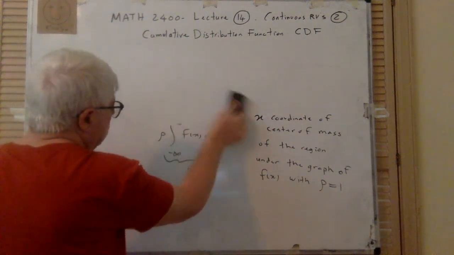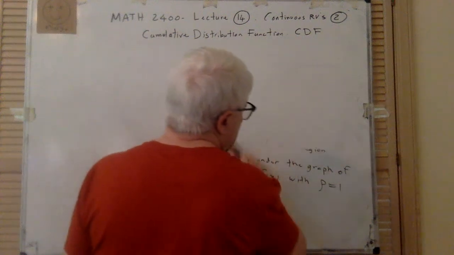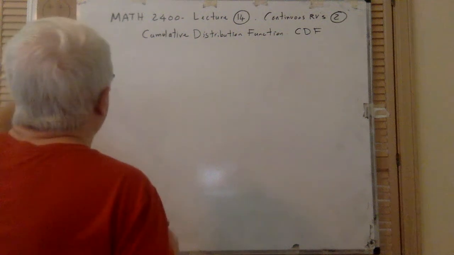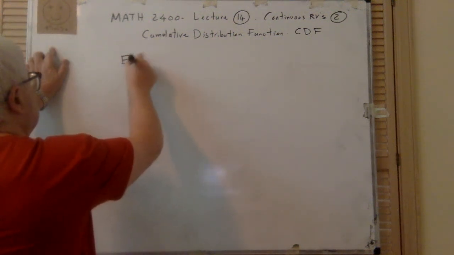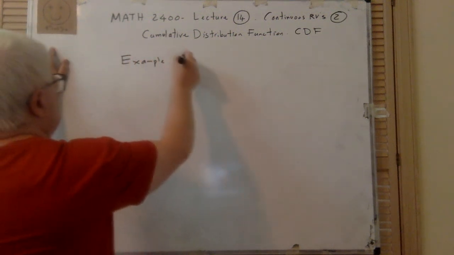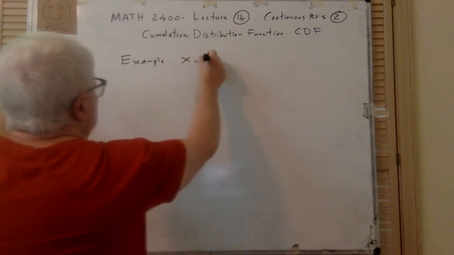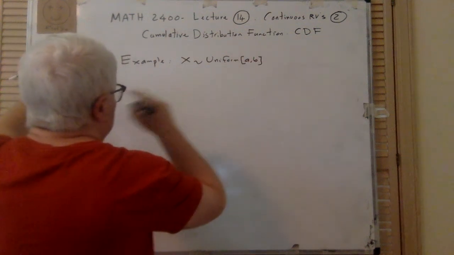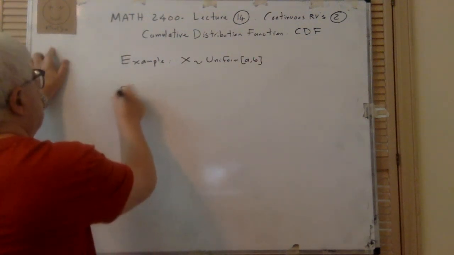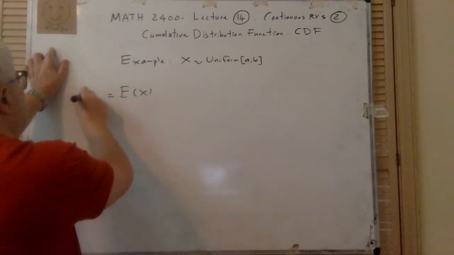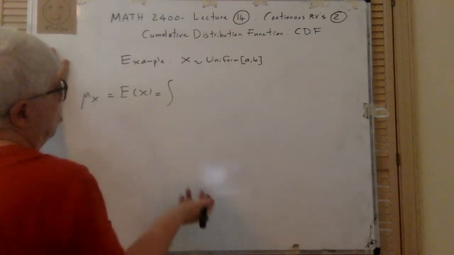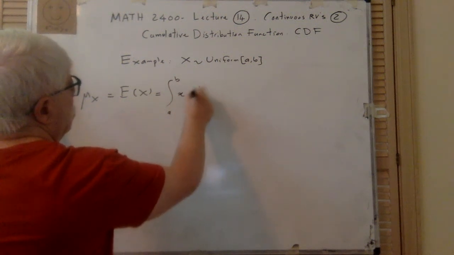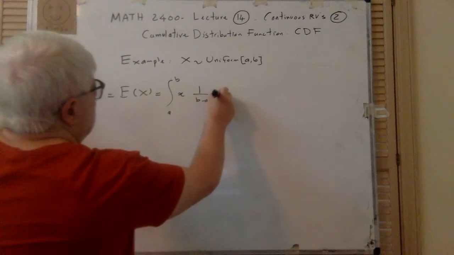So let's find this for certain distributions. The example that I discussed was x uniform on [a, b]. So the expected value of x, or mu of x, is the integral from minus infinity of x times 1 over b minus a dx.